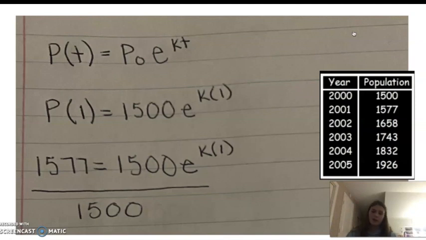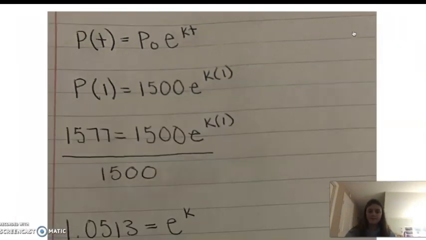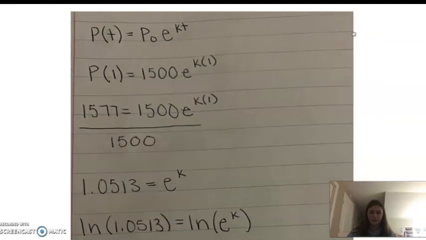and then we can divide both sides by 1,500, because remember we're trying to find k. So then k times 1 is just k, and 1,577 divided by 1,500 is 1.0513 = e^k.